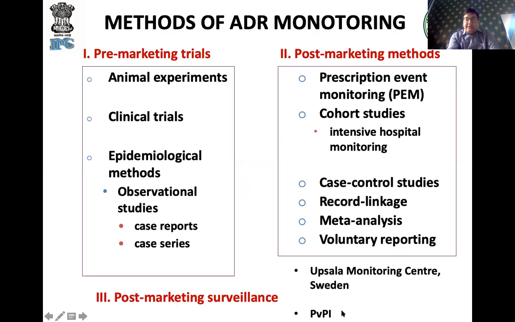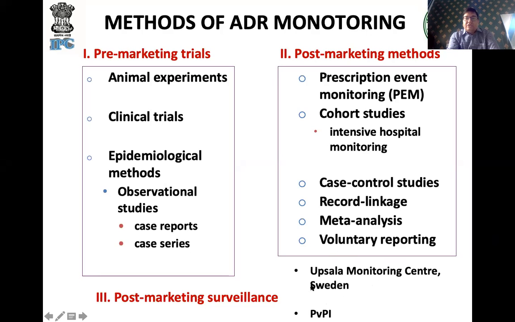And in our country, India, we have the PvPI, that is the Pharmacovigilance Programme of India, which was started in 2010, and the headquarters of this PvPI is situated in Ghaziabad. There are around 130 to 140 ADR monitoring centers across India, where the different ADRs are reported, and these reports are then studied, common inferences are drawn, and it is sent to the CDSCO for further action.